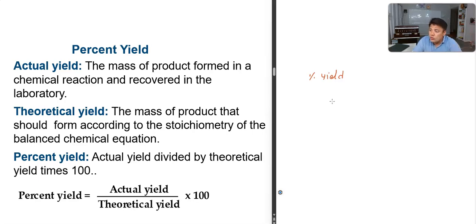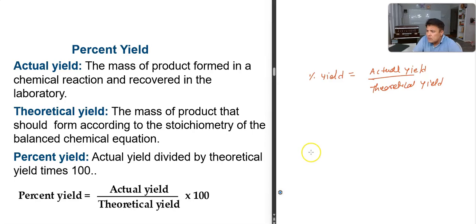So how do you find the percentage yield? Percentage yield is actual yield divided by theoretical yield. You know, we discussed theoretical yield in the last slide. What is the theoretical yield? That is the yield given by the limiting reactant.